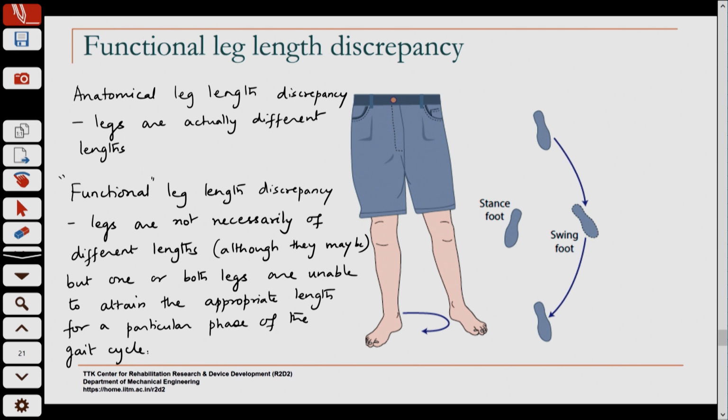Okay. So, that is why it is called a functional. From a functional point of view, it is not attaining the right length for walking.